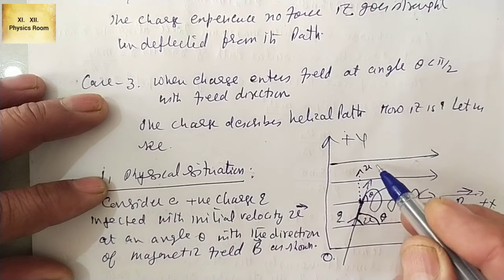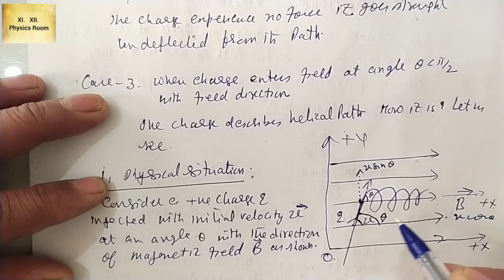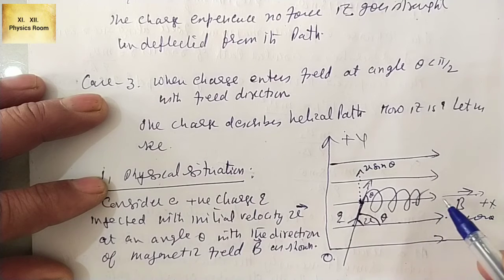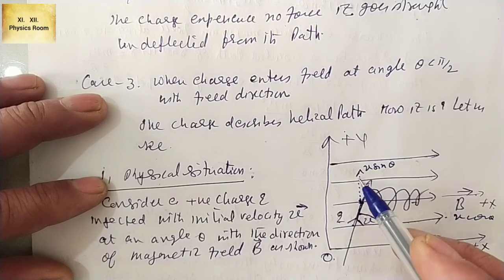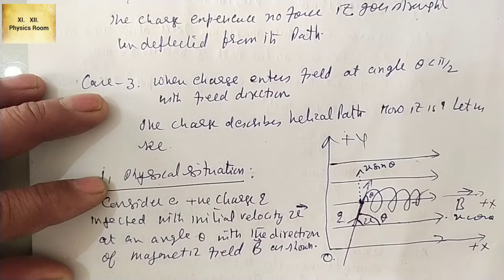So V cos theta is along the field direction and V sin theta is perpendicular to the field direction.